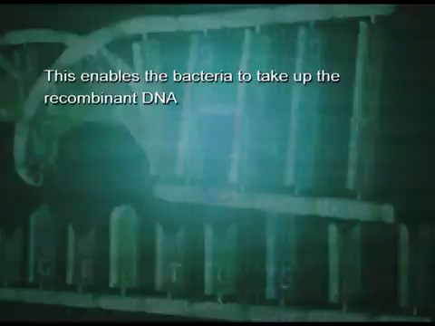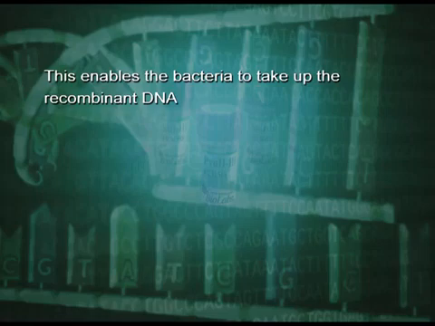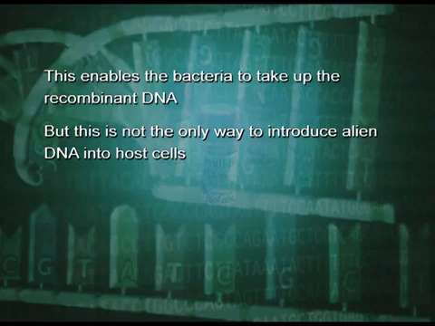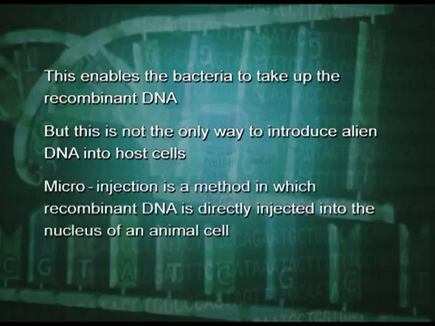Recombinant DNA can then be forced into such cells by incubating the cells with recombinant DNA on ice, followed by placing them briefly at 42 degrees centigrade in order to give a heat shock, and then putting them back on ice. This enables the bacteria to take up the recombinant DNA. Students, here you should know that this is not the only way to introduce alien DNA into host cells.